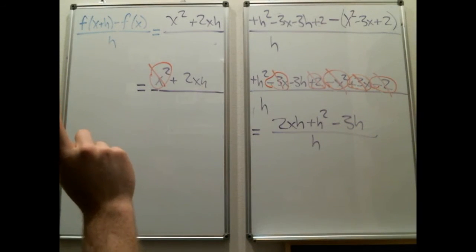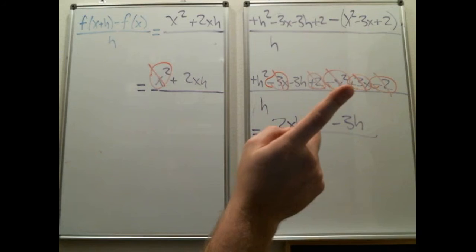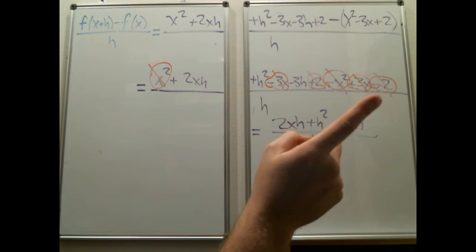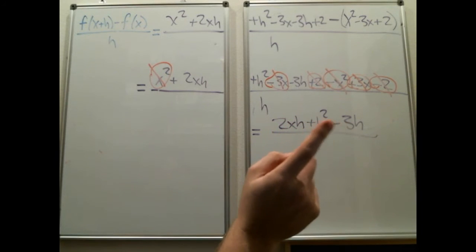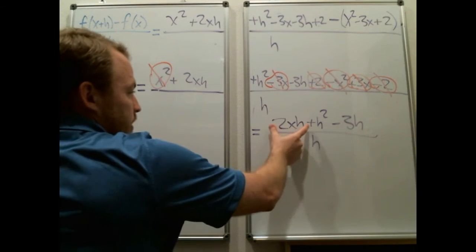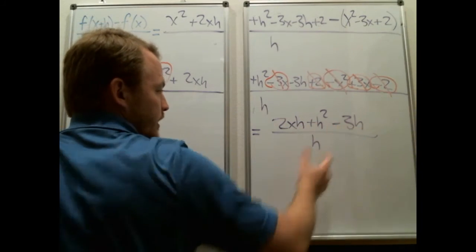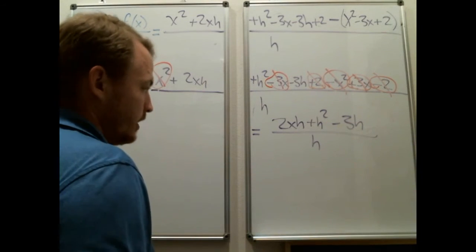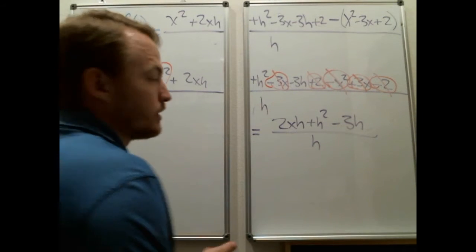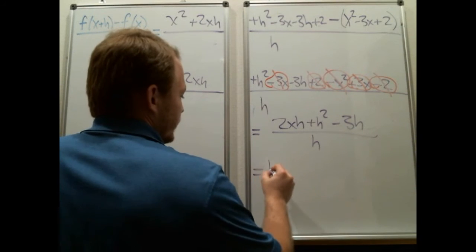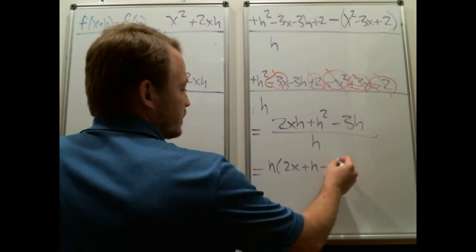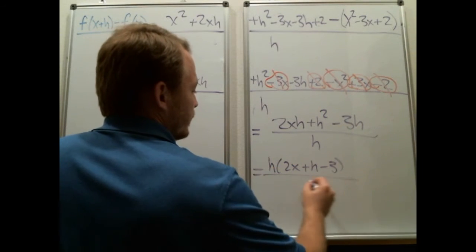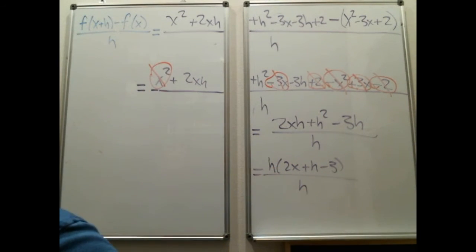So all the terms here should have an h in them. So this term has an h, this has an h, and this has an h. Now all the terms in the top have an h, so factor out one of those h's. Factor out an h, and this is a must step here, unless you're very, very comfortable with doing this.